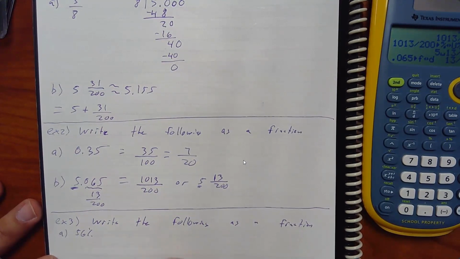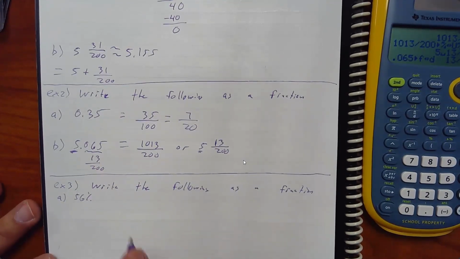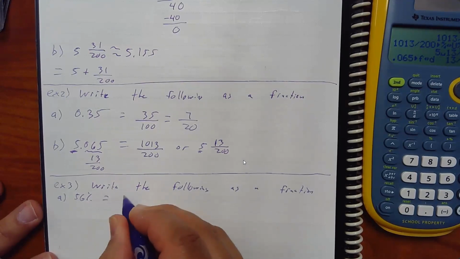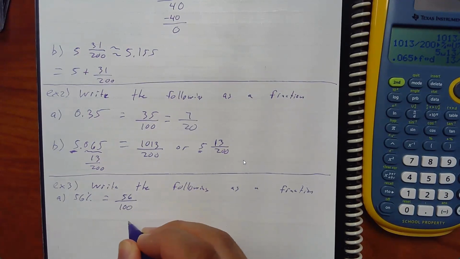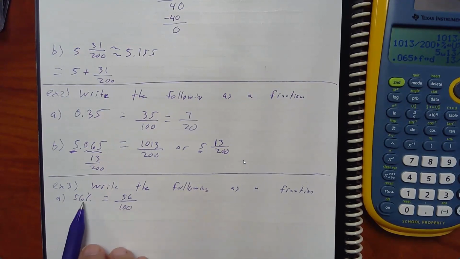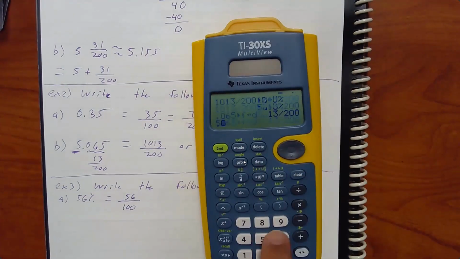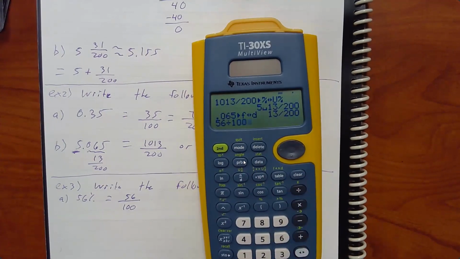Remember we said percent means out of 100. So 56 out of 100. And then reduce this. 56 divided by 100 is 0.56.